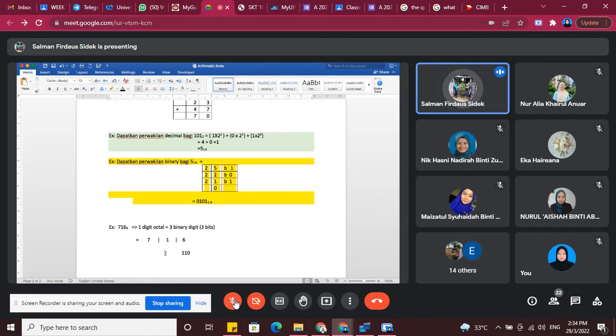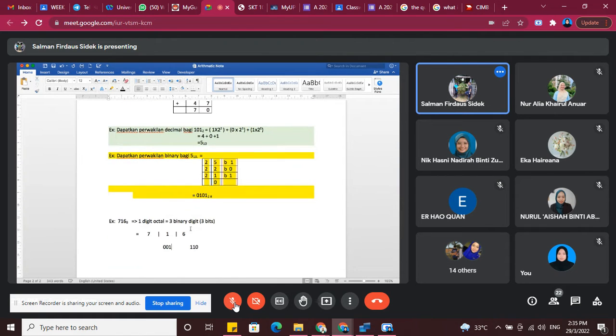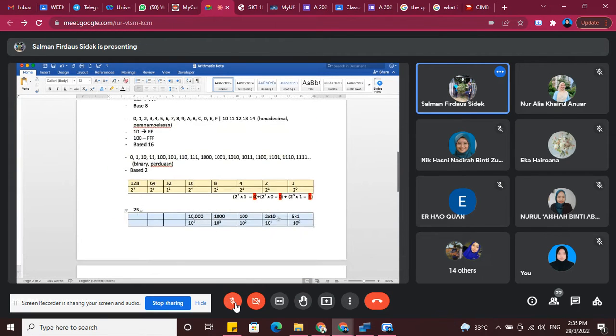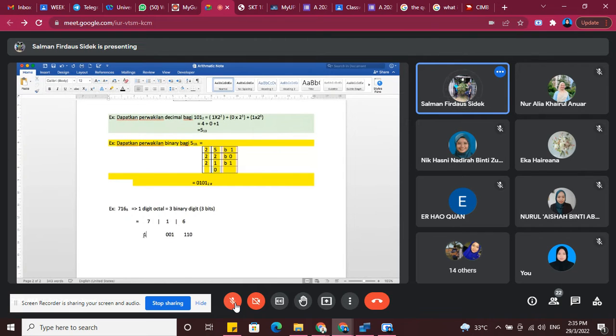So how to represent 1 in binary using 3 bits? 001. And how to represent 7? 111, 4 plus 2 plus 1. So 4 plus 2 plus 1 is 7.